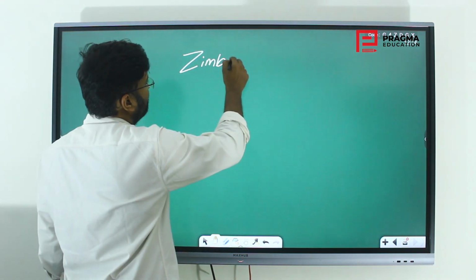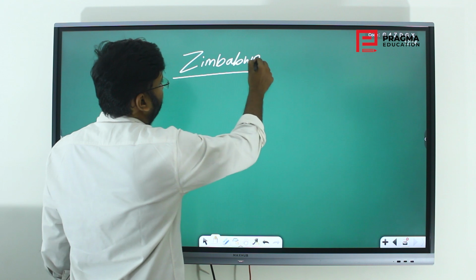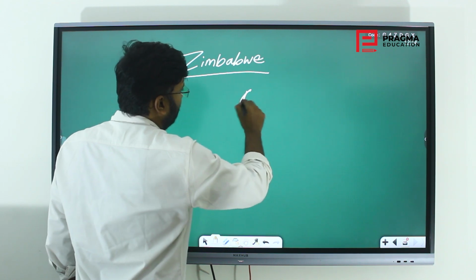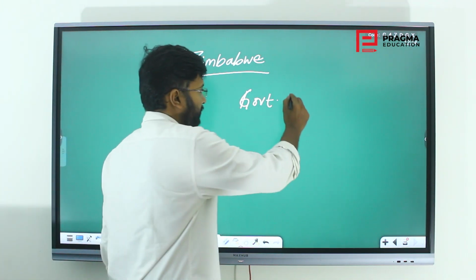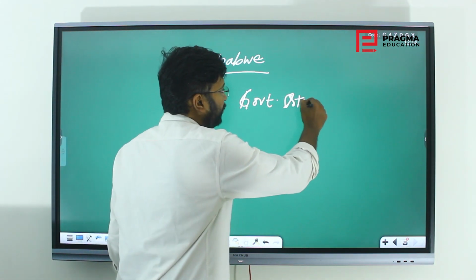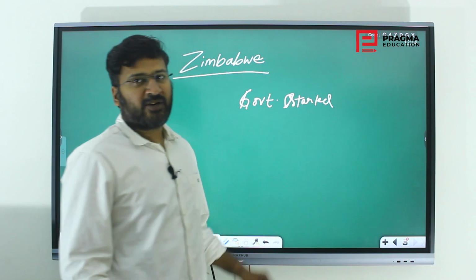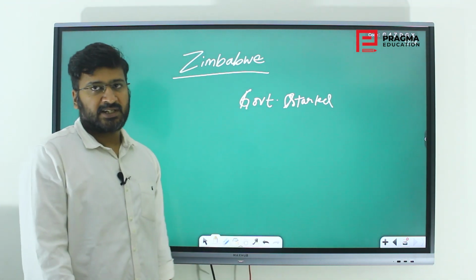So what happened in Zimbabwe was that the government started printing new currency notes. Why it is forced to do this, we will see in the public finance chapter.